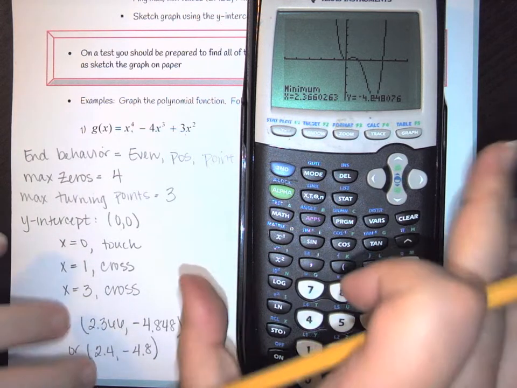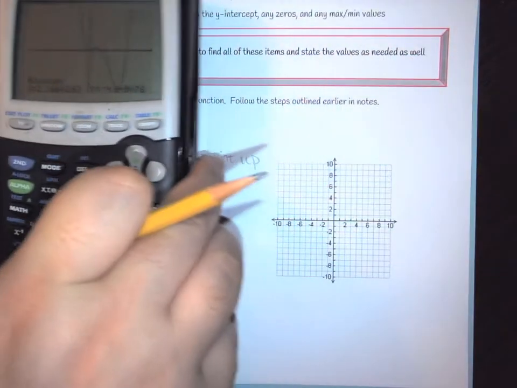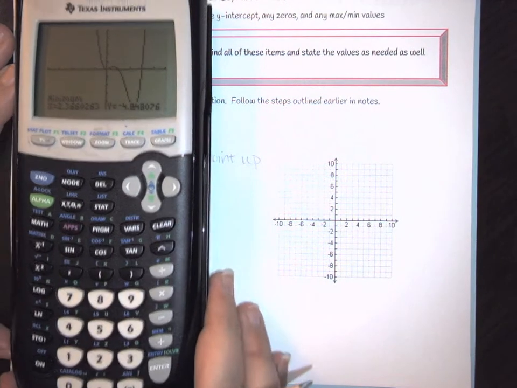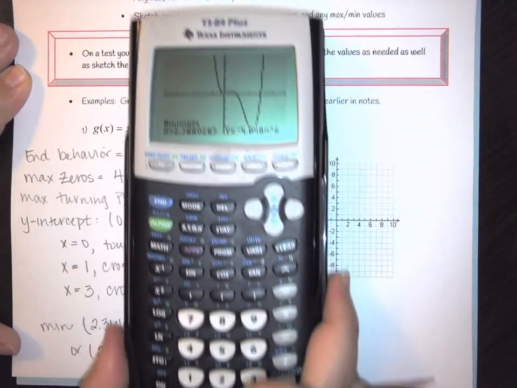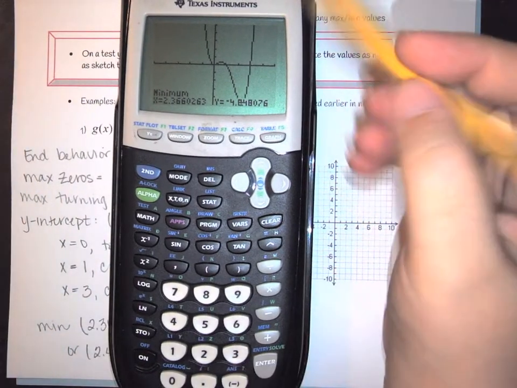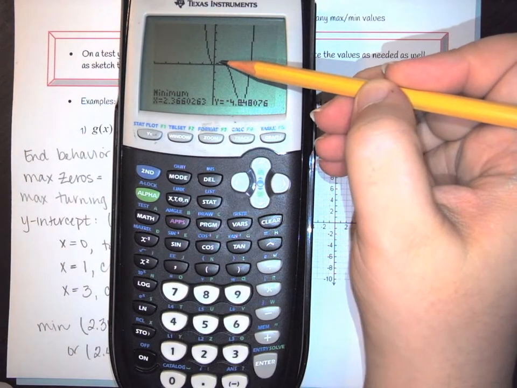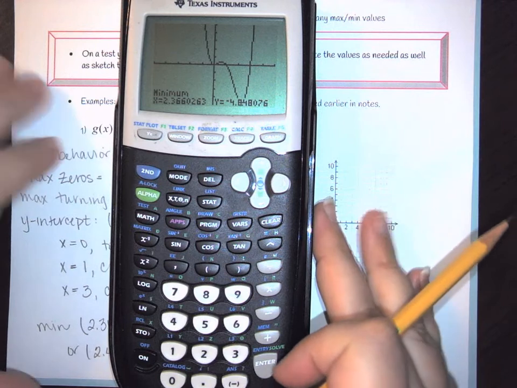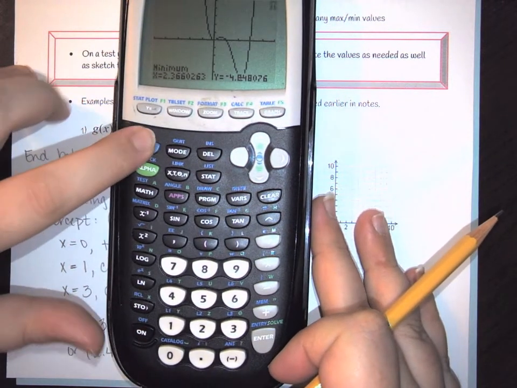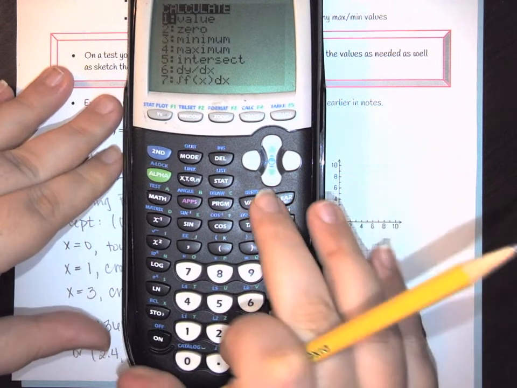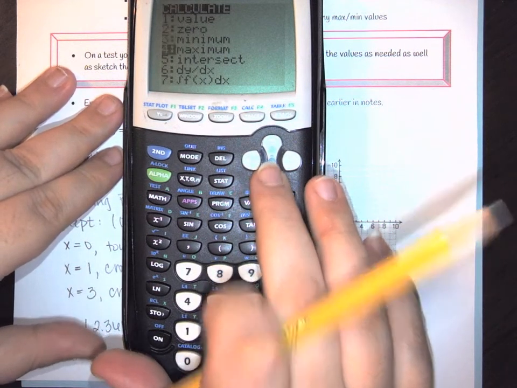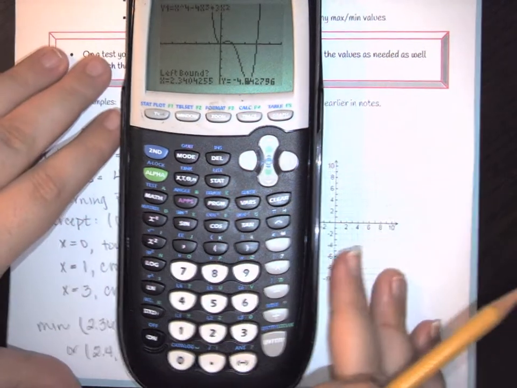Now the other thing that we have is we have a maximum. So I'm going to move this over here. And so again, if you look at it, we have this tiny little maximum right here. So again, you would go second, calc. We would come down here to the maximum and identify it.